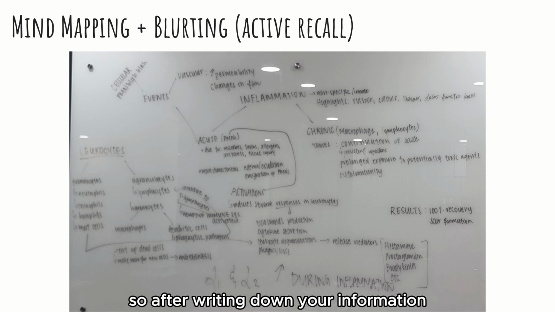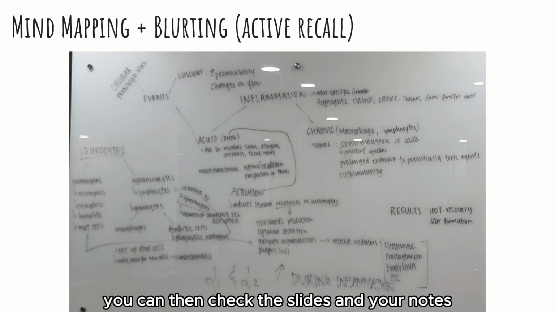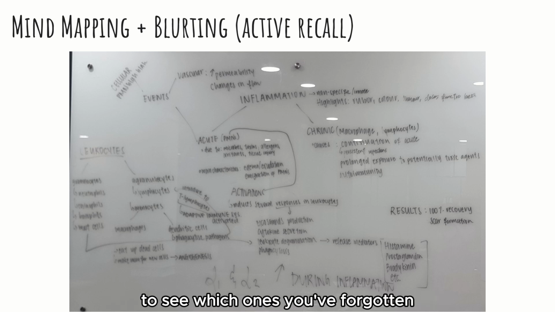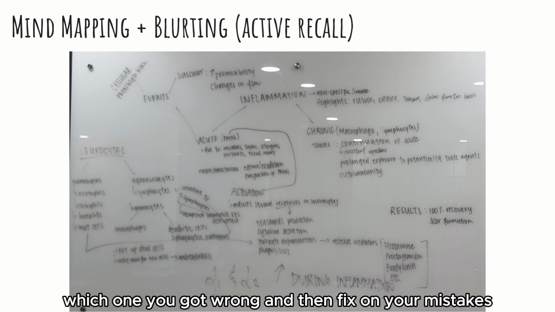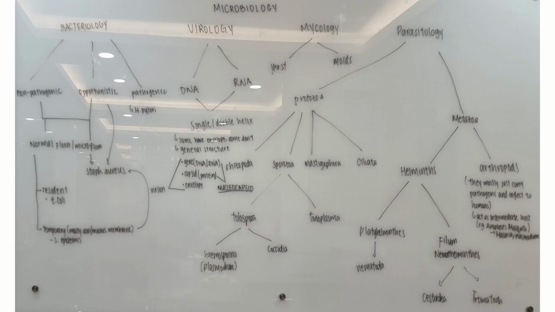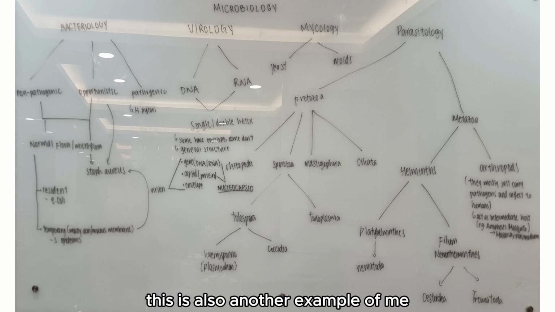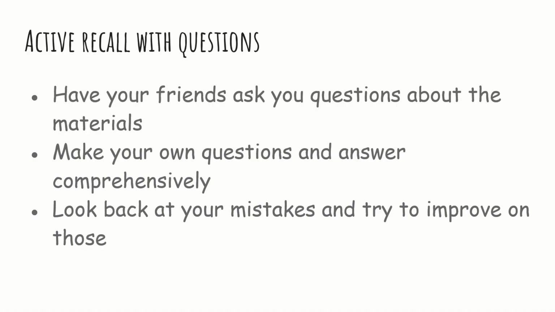After writing down your information, you can then check the slides and your notes to see which ones you've forgotten, which ones you got right, which ones you got wrong, and then fix your mistakes. This is also another example of me mind mapping and blurting.